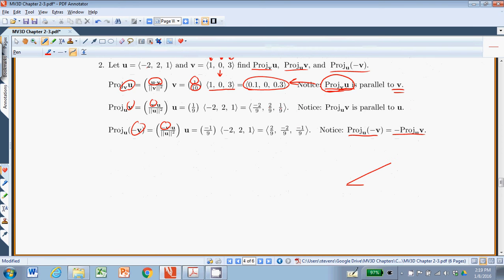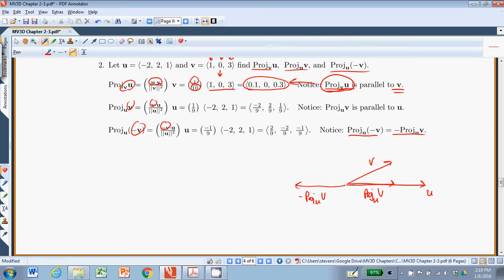And that should make sense. If this is v and this is u, then this here is the projection of v onto u, right? And then this is going to be the negative of that, the negative projection of v onto u.